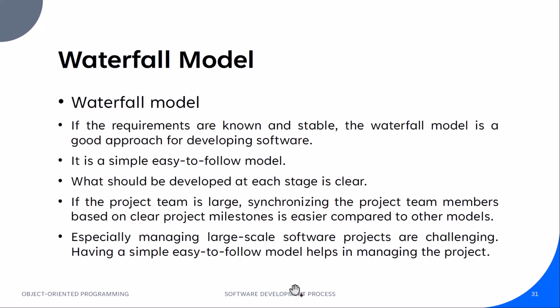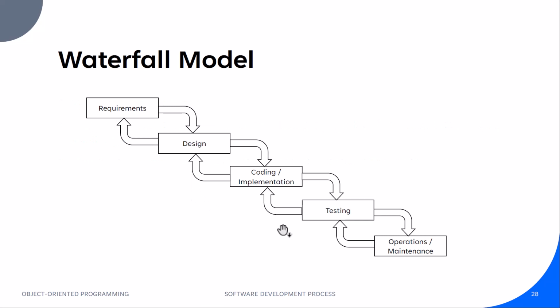Now the waterfall model is actually quite efficient and effective for certain cases. For example, if the requirements are known and stable, the waterfall model is a good approach for developing software. And this is due to the feedback loops.